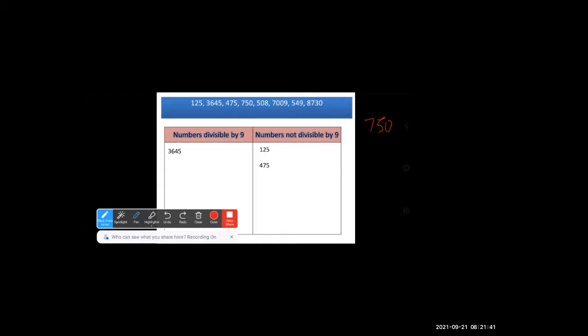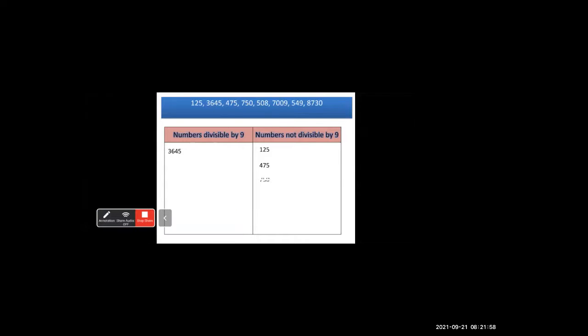It is not divisible. Very good, because when we add the digits, we get the sum as 12, and we all know that 12 does not come in the table of 9. So again, the number 750 is not divisible by 9.